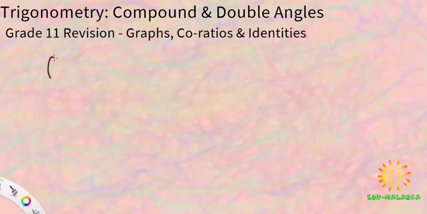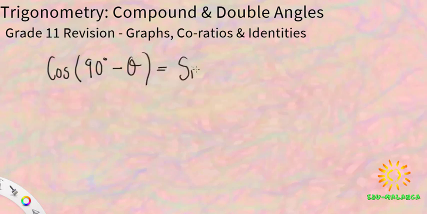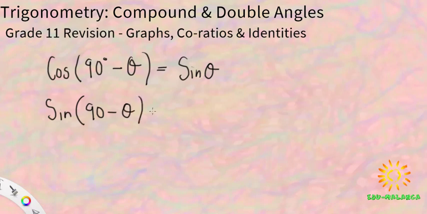Let me write it down. The cosine of 90 degrees minus theta is equal to the sine of that theta, and the sine of 90 degrees minus theta is equal to the cosine of theta.